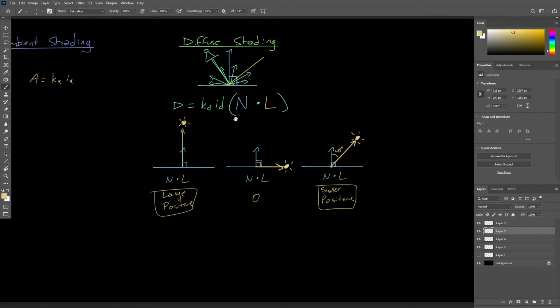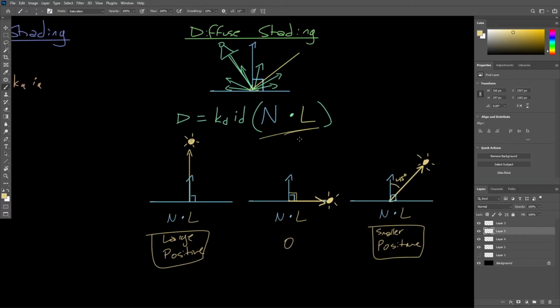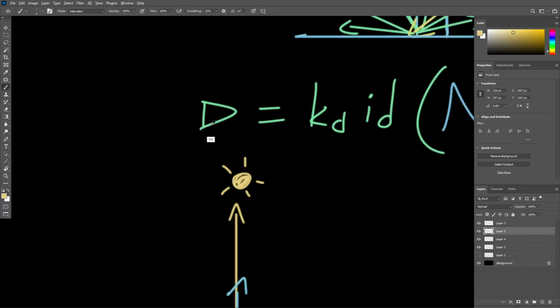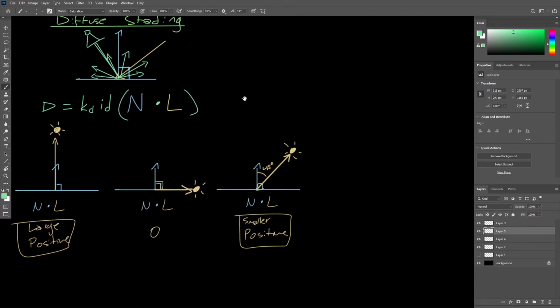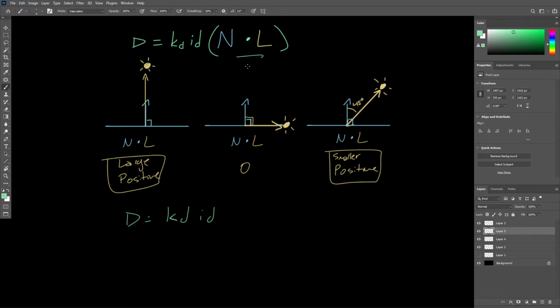All right, so hopefully that explains what's going on here with this dot product. And one final thing to note is that you might see this rewritten as the following, with D equal to, again, our diffuse coefficient, our diffuse light intensity multiplied not by the dot product between these two vectors, but rather by the cosine of the angle between them.